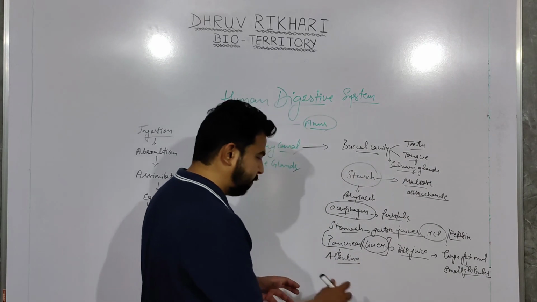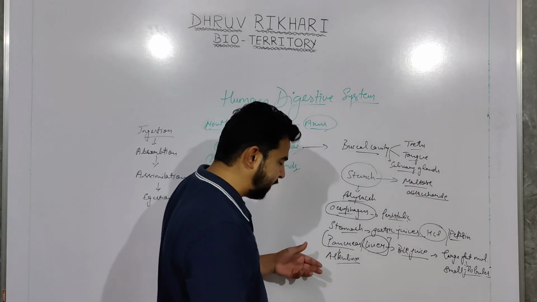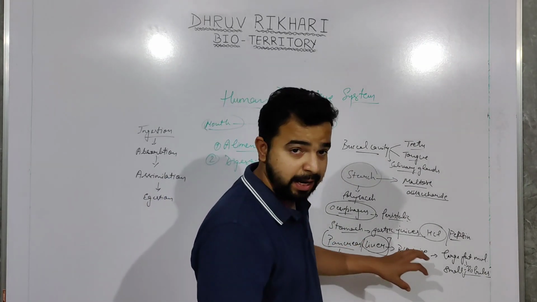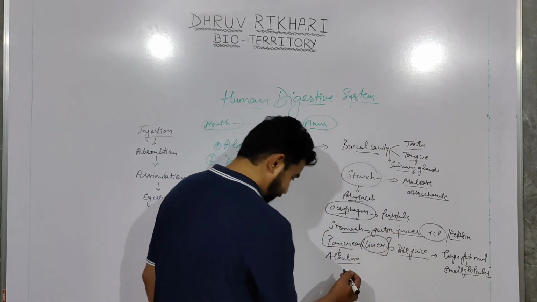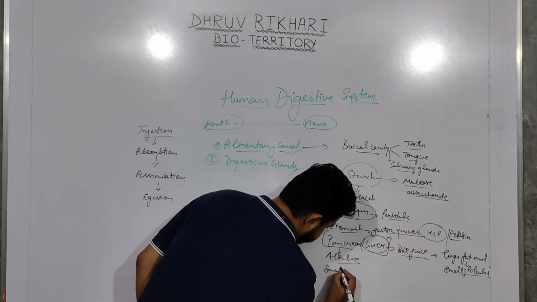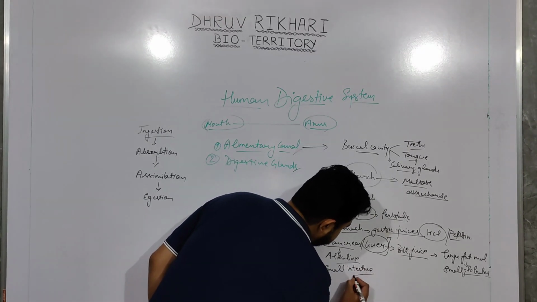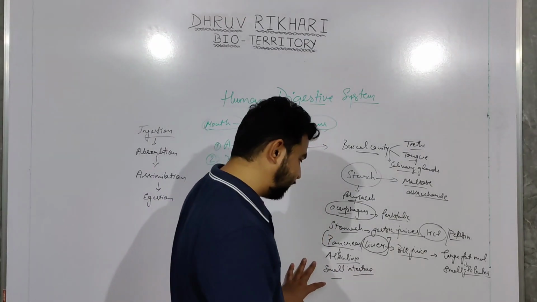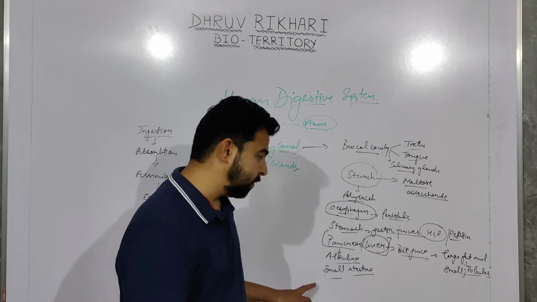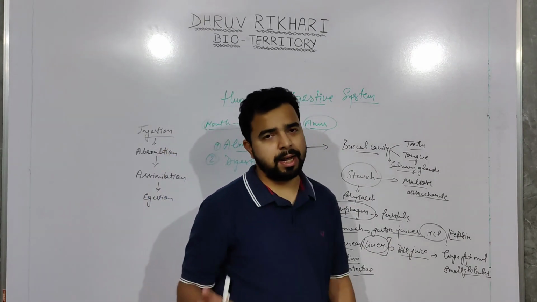And further, when the food becomes alkaline, as pancreatic juice secretion makes it alkaline, it gets passed into the small intestine. Now there is a change in morphology of the small intestine of herbivores and carnivores.